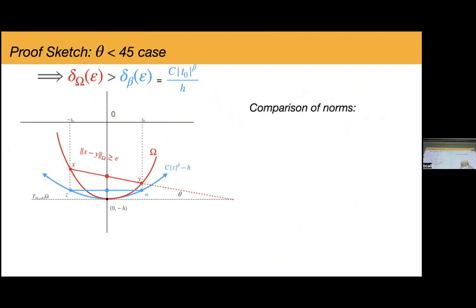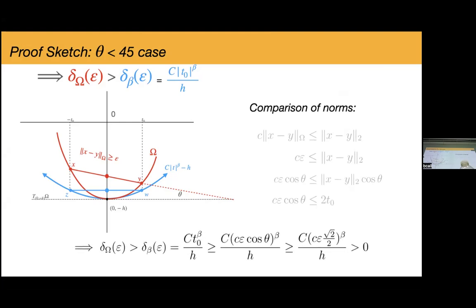Okay, and so we need to do a comparison of norms just because we want things to be in terms of epsilon at the end of this, and currently things are in terms of this parameter t as we're comparing. And so we can do that, and just notice here that we do take cosine at some point. So if you get that segment to be too steep, you're going to lose information, and we want to make sure that this is not going to go to 0.